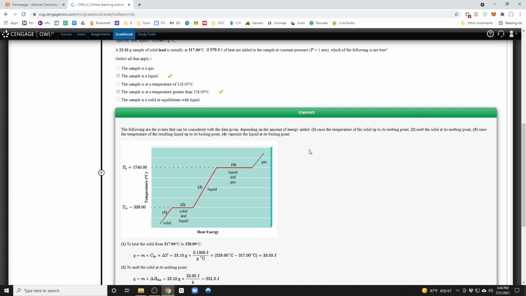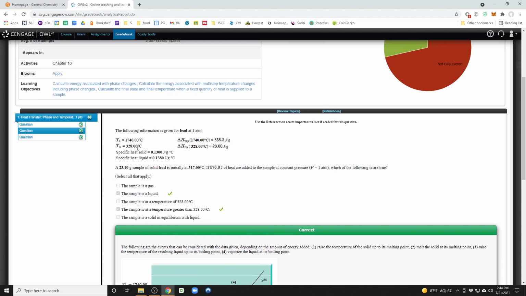But we don't need to do that, because 328 is our melting point, and we know we're above that because we had energy left over.